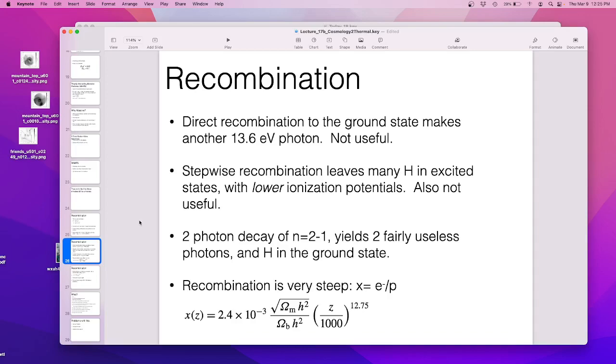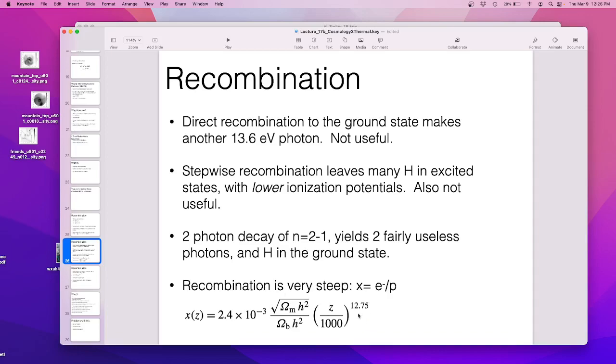So when electrons recombine, they don't go straight to the ground state. They combine with some high energy state, which gives off low energy photons, because the difference between a high energy state and the vacuum isn't very high. And then they cascade down through a series of steps. This process is super interesting, and I think the book touches on it, but we don't really need to get into it too much.